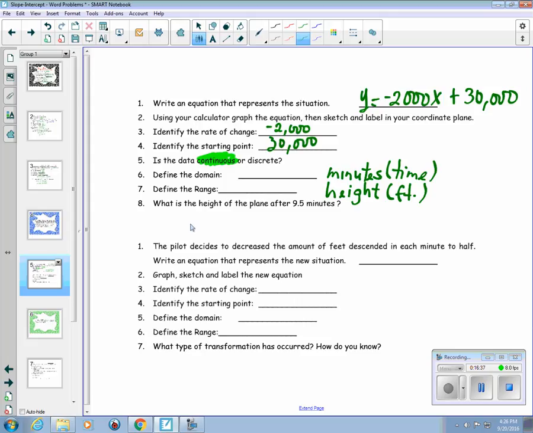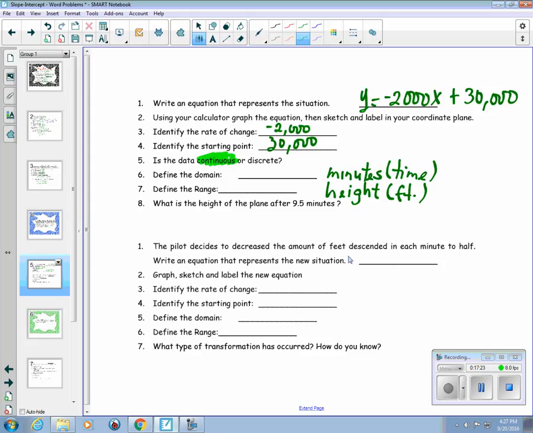All right, so what's the domain? Yeah, it could be 0. 0 to what? 15? Is that what you said? How did you get that 15? Yeah, the plane can only descend 30,000 feet, right?